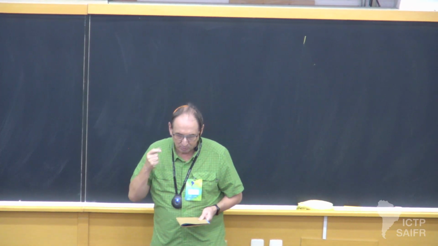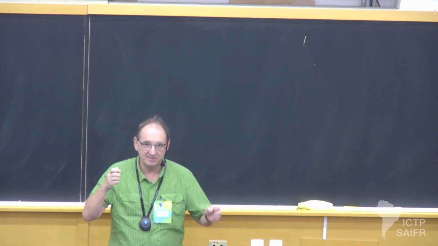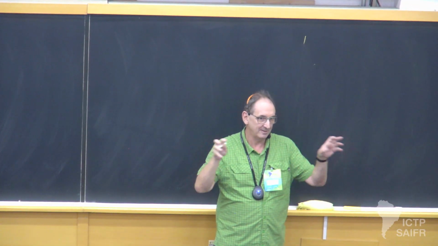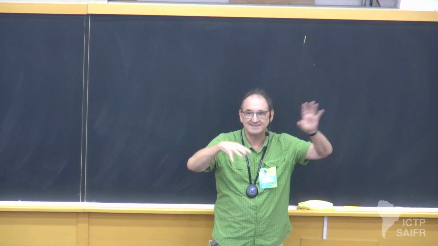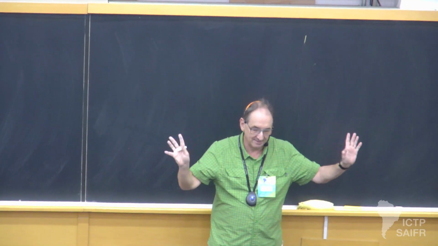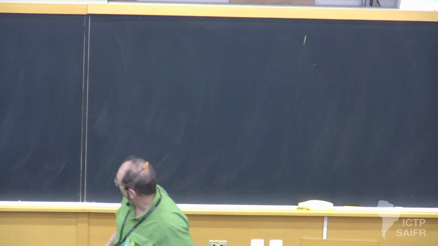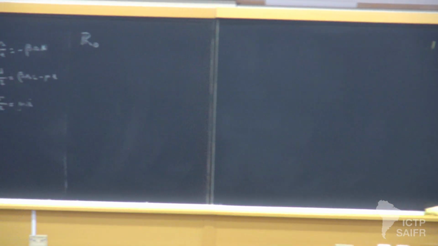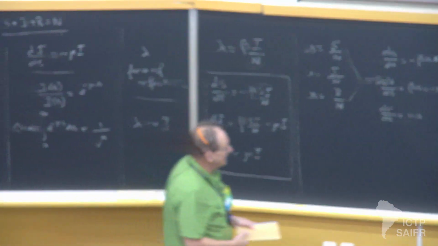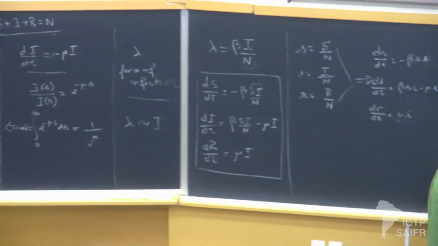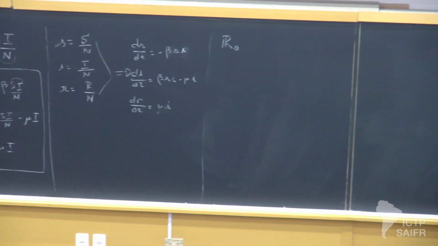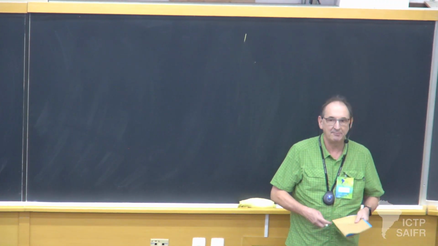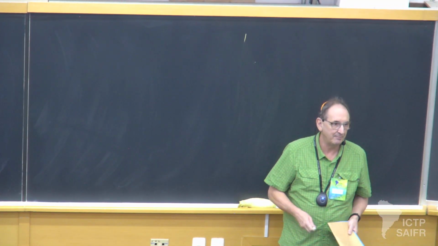In a real situation, you usually have several introductions, okay? Because you have stochastic dynamics with small numbers. But for our needs, we will say that an epidemic happens if a small fraction of infected is introduced in a completely susceptible population, and if the number of infected increases, then you have an epidemic.